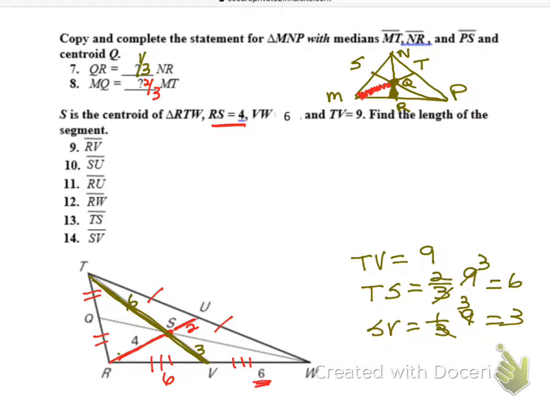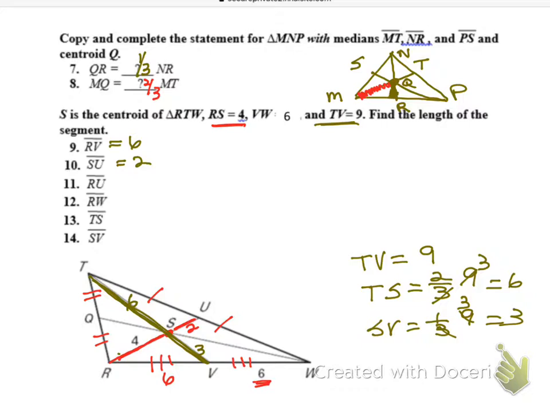Okay, so I haven't answered any of the questions yet because I've just been decorating my figure using the information they gave me above. So first question, what is RV? Well, we've already talked that through. That's a 6. What is SU? I just figured that out also when we talked about things. That's going to be a 2.